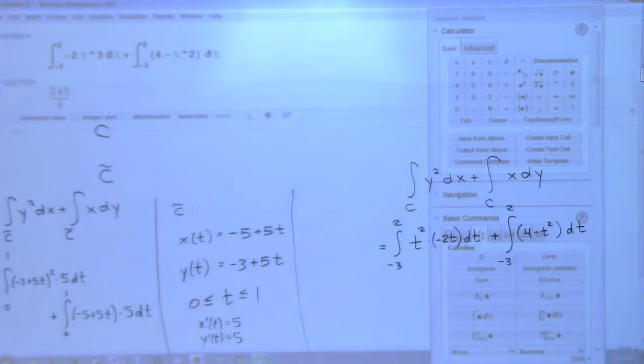Now the other one, you go from 0 to 1. And we're going to get, let's see, 5 times negative 5 plus 5t dt, plus, y'all just double check I'm typing it in right, 0 to 1.